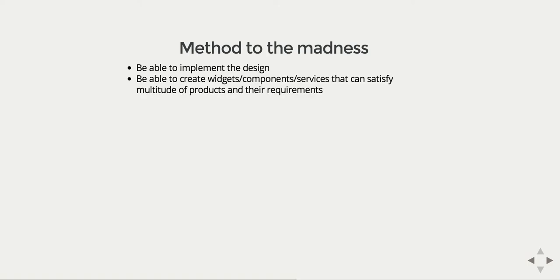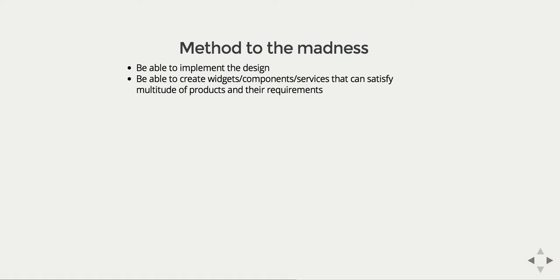So there is method to the madness. We want to be able to implement the design, and we want to be able to start from very light and move up. So make the designers give you all the requirements that you need, and build to that. And then looking at it at an individual level, you're able to create these individual widgets, components, and services that can satisfy not just your product, but every other product that you have.